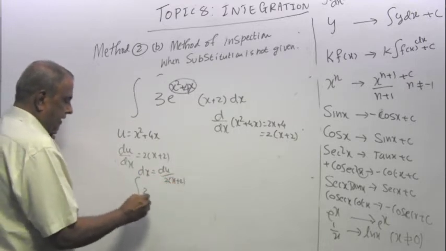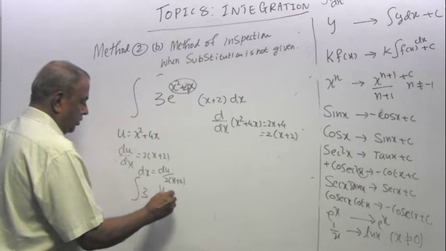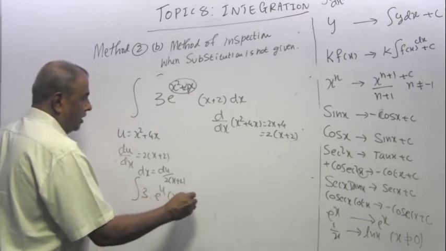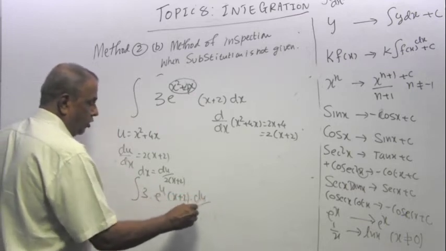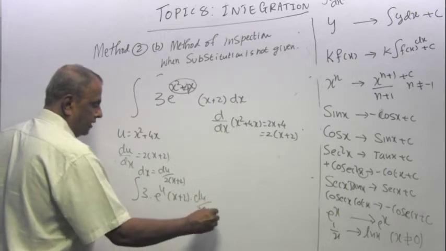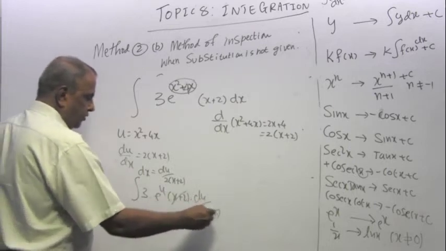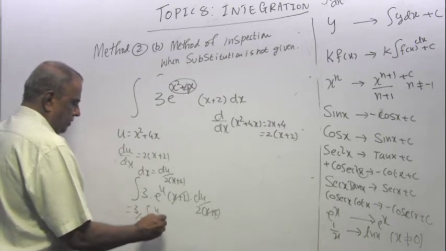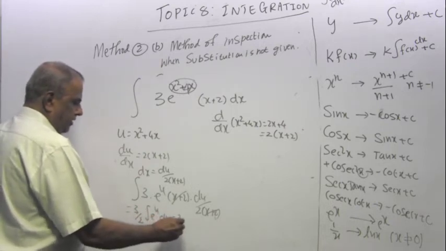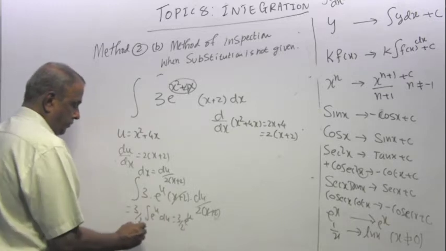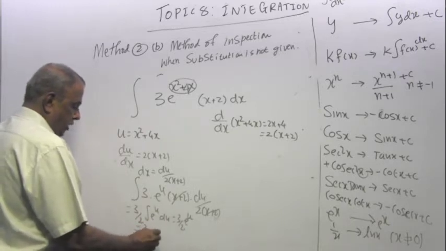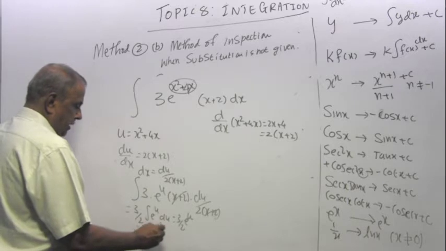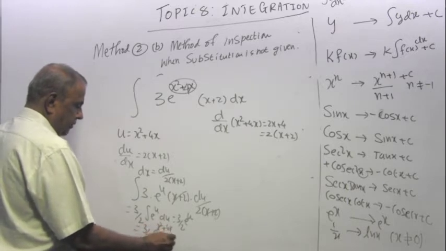So the integral of 3 e to the power u times x plus 2 dx is du over 2 times x plus 2. The x plus 2's cancel. It is 3 over 2 integral e to the power u du, which is 3 over 2 e to the power u, which is 3 over 2 e to the power x squared plus 4x plus c.